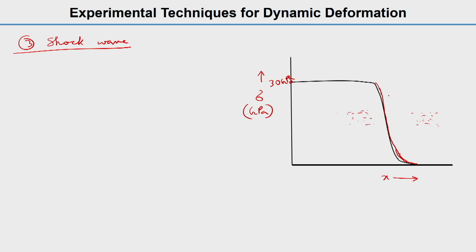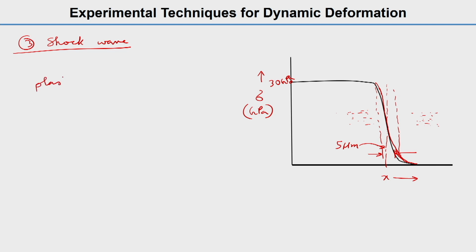So the width, if we draw a line here, the width of the shock front is this one, that will be very thin. That width of the shock front, let's assume it is 5 micrometer. So it's a very thin shock front. This is the width of the pressure rise.